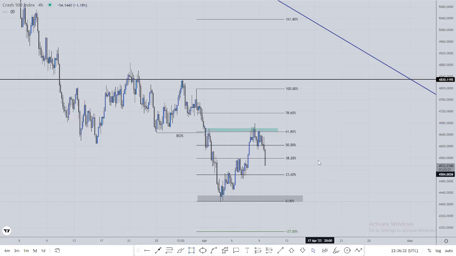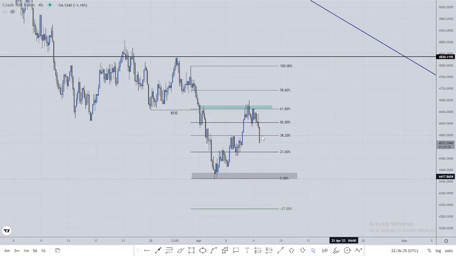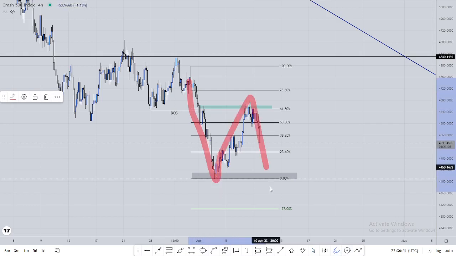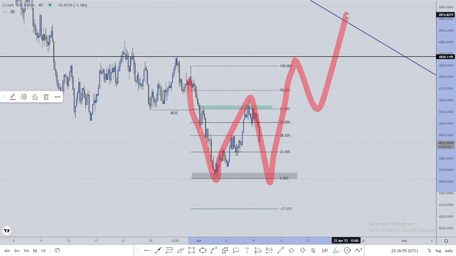So right now, according to external market structure, obviously we expect the market to drop all the way to 0%. If it comes to 0% and fails to break there, it means we are now having a double bottom. It will be this first bottom, second bottom, then we go all the way up to the neckline, something like this.